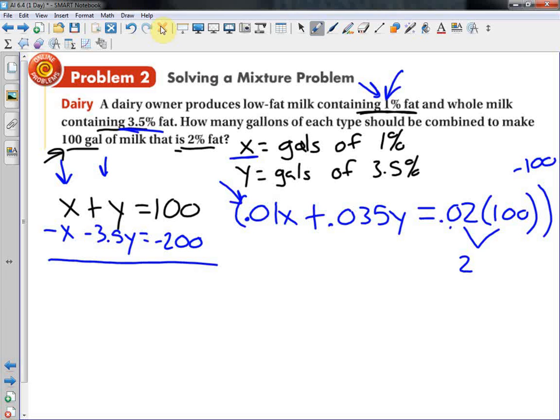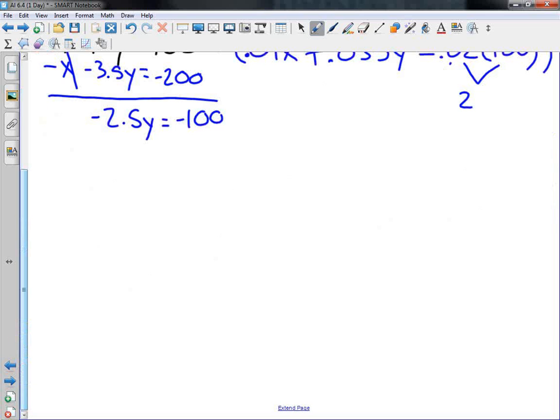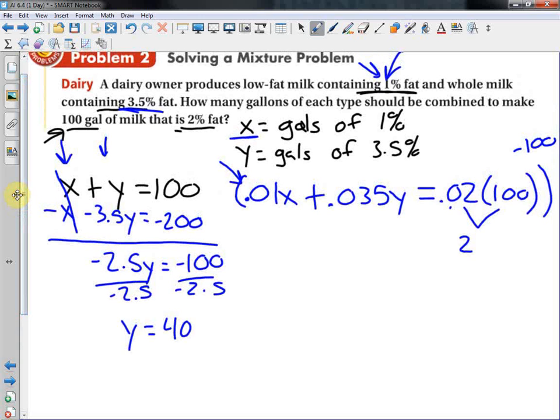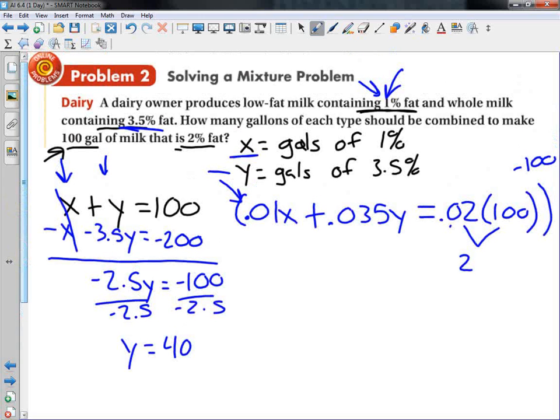All right, so when we add these together, the x's eliminate. I get negative 2.5y and negative 100 after the equal sign. I want to divide by negative 2.5. y is equal to a positive 40. y was gallons of 3.5%.